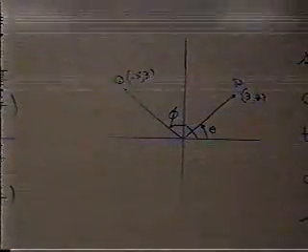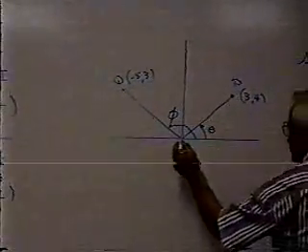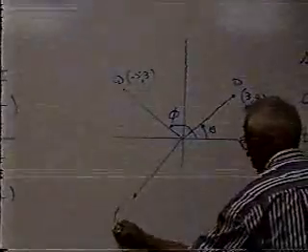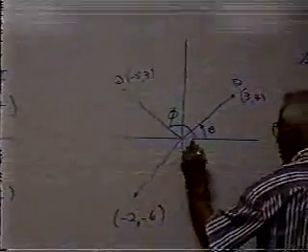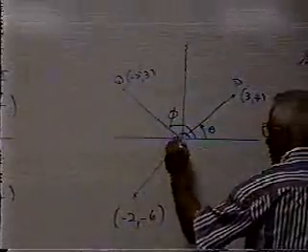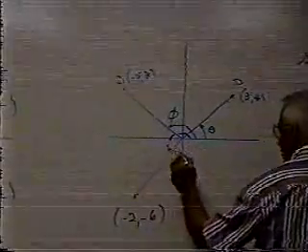Okay. So we have that angle, and then we're going to use that same point down here, that minus 2, minus 6 that we talked about before, and we're going to talk about this angle as being what we call psi.